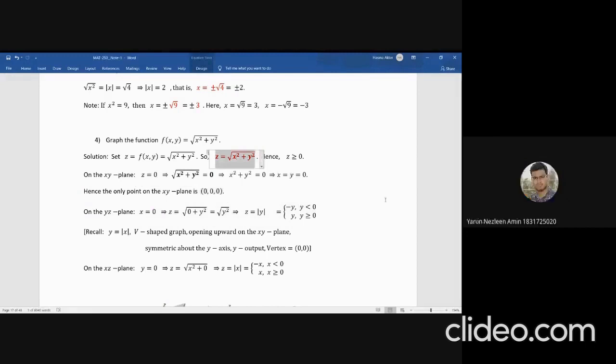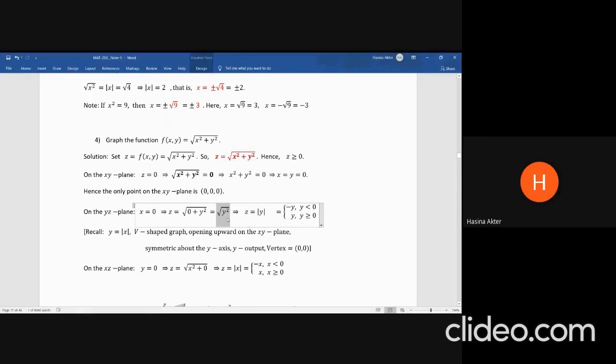Very good. So let's move to the yz plane. The equation of the yz plane is x equals 0. So let's take the projection of this equation on the yz plane. Plug in x equals 0. Then we have z equals the square root of y squared. By definition, this is a positive square root.